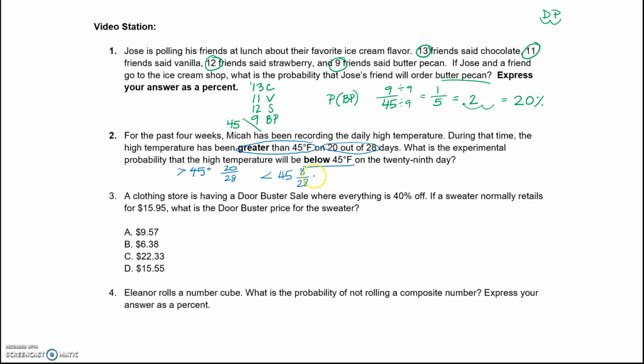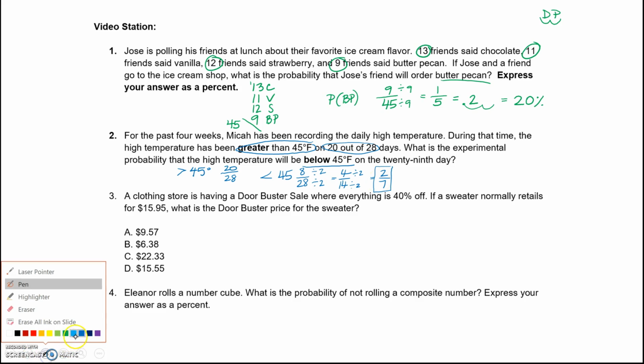Let's see, 8 and 28 are both divisible by, you guys are going to say 2, so we'll go with 2. 8 divided by 2 is 4. 28 divided by 2 is 14. Oh, look, they're even again, so we're going to divide by 2. 4 divided by 2 is 2, and 14 divided by 2 is 7. So the probability that it'll be below 45 degrees is 2 and 7, or 2/7.